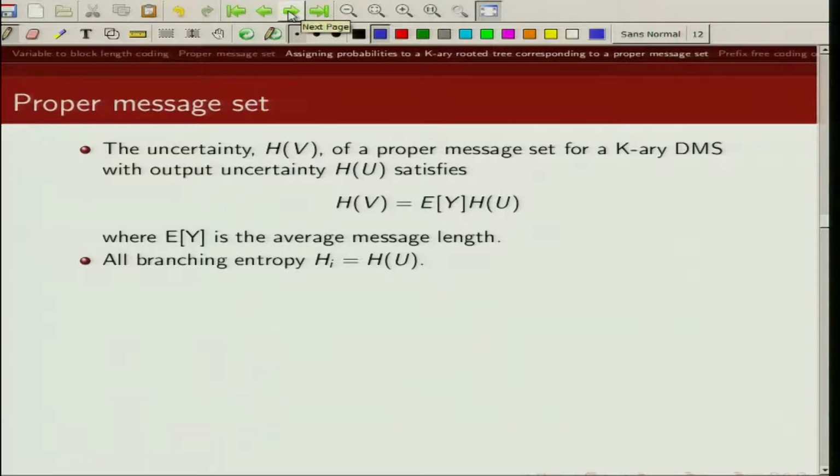Now, please note that the branching entropy for this proper message set is given by H of U. Now, why is this true? Again, just go back and draw a proper message set. Let's draw the same proper message set that we have been working with.